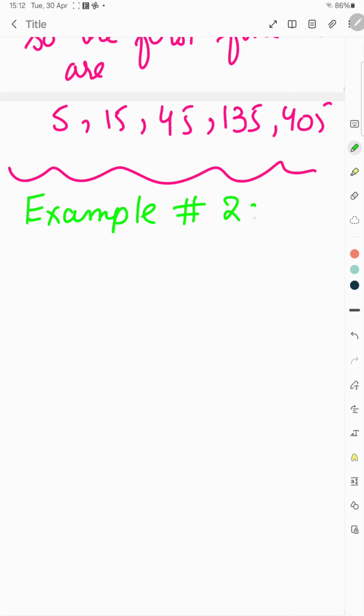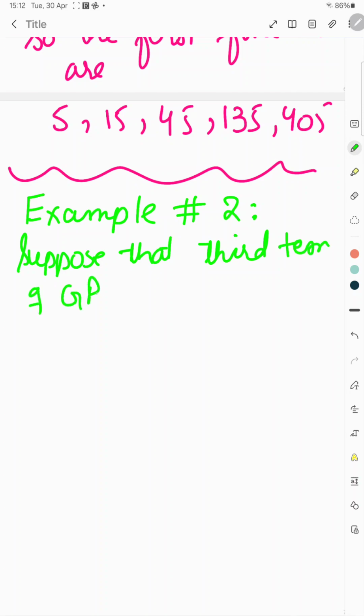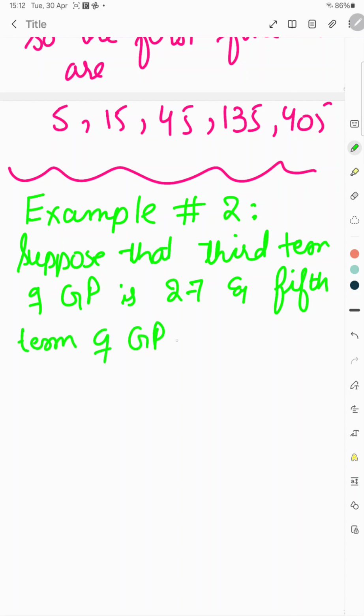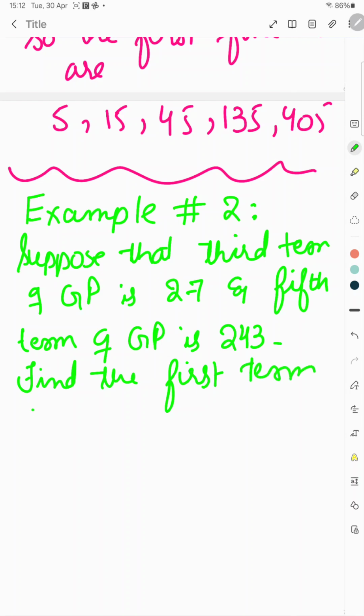Example number 2 is, suppose that third term of geometric progression is 27 and fifth term of geometric progression is 243. Find the first term and common ratio.